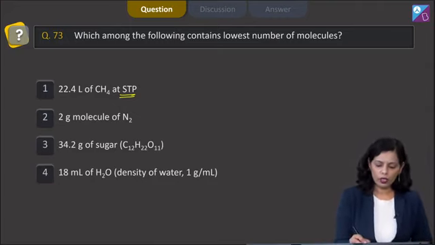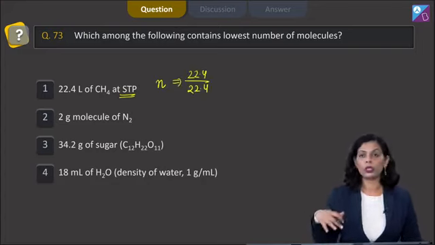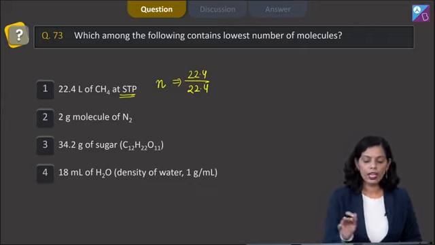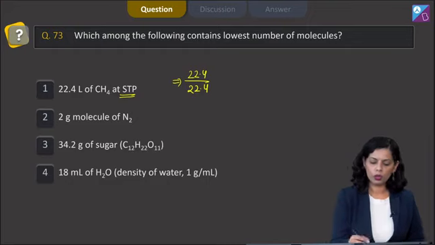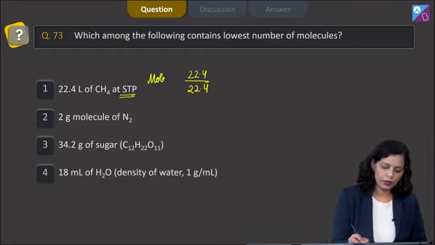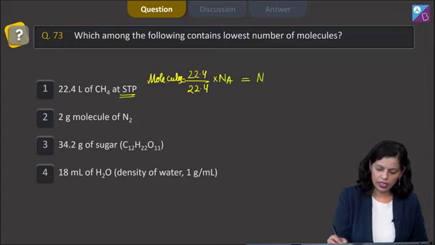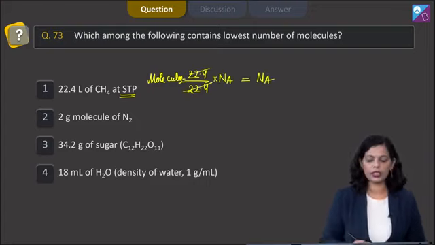It means if you want to find out the mole of methane, here it would be 22.4 by 22.4, given volume upon 22.4 liter to get the number of moles. And if you just want to find out the molecules, as per the question, that would be Na. So, easily it is Na. So, this will cancel this way.